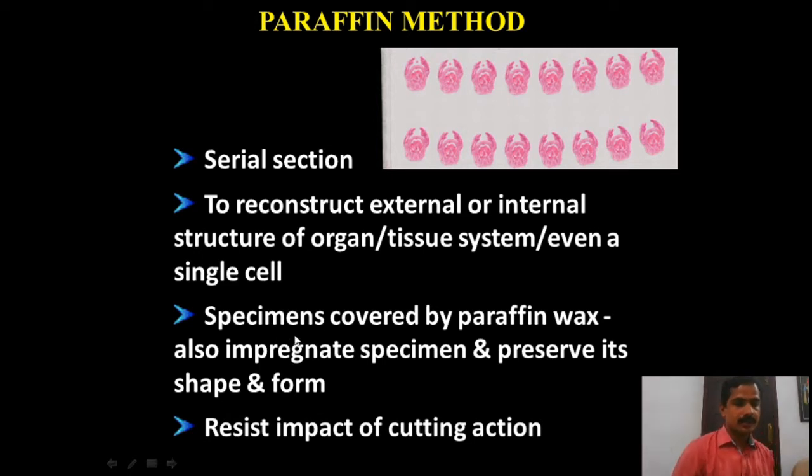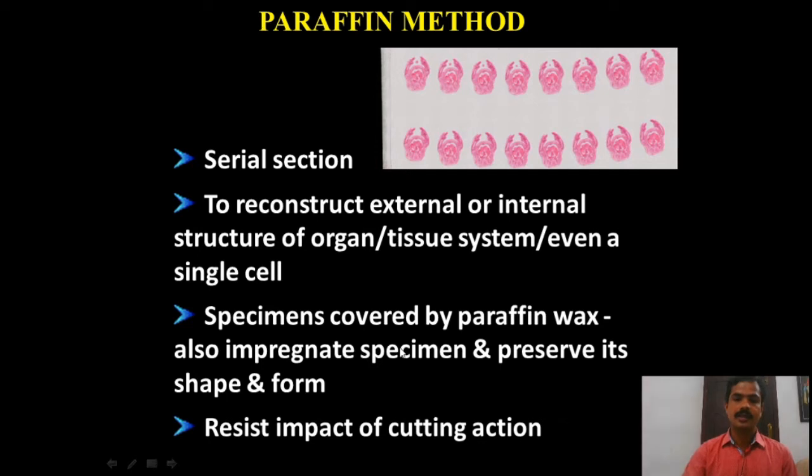To take serial sections using a microtome, the specimens are covered by paraffin wax, and paraffin wax is also impregnated inside the specimen. By this it is possible to preserve its shape and form.